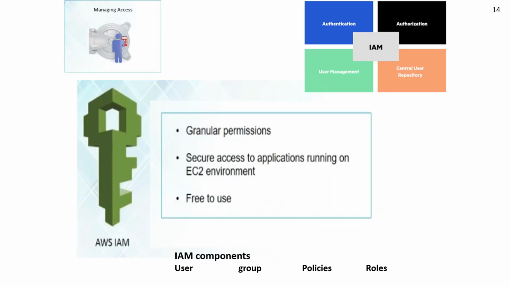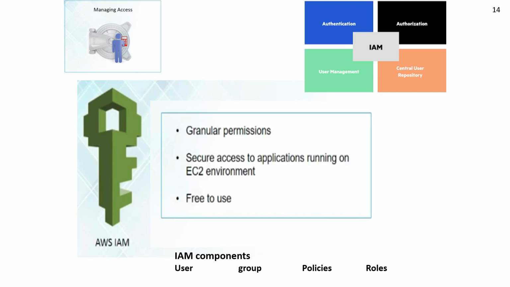Then we have the IAM service. IAM stands for Identity and Access Management. The equivalent in GCP is Cloud IAM, and in Azure it is RBAC, Role-Based Access Control, and also Azure Active Directory. These do the same job.